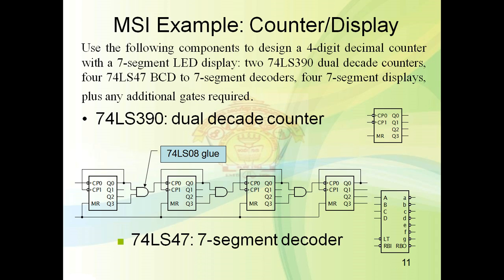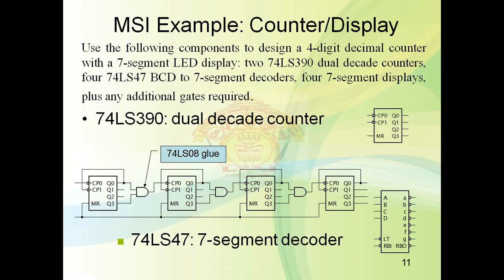The single bit counter is clocked by CP0 on the falling edge, as it is active low, and the divide-by-5 3-bit counter is clocked by CP1 on the falling edge, also active low. Q0, the output of the single bit counter, is given as input to the 3-bit counter, that is CP1, and the input clock is given to CP0.